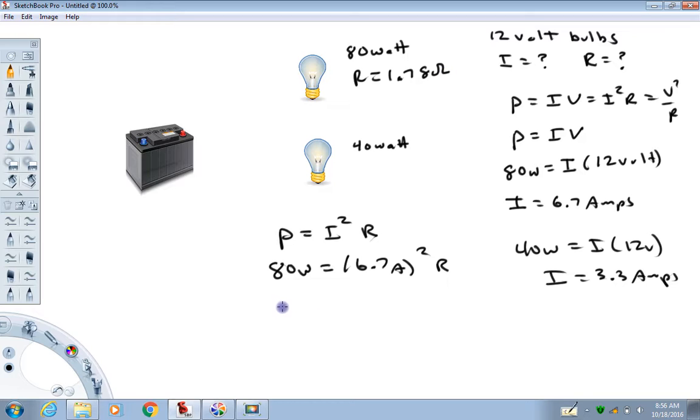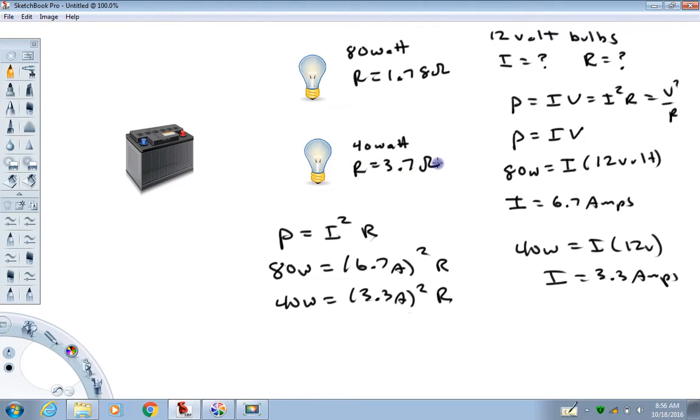Then for the 40-watt bulb, we have 40 watts equals, this one is going to draw 3.3 amps, squared, times R. So again, power equals I squared R. And if we solve that for R, I get about 3.7 ohms.